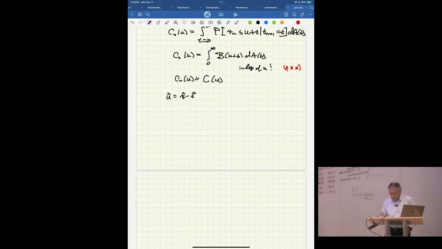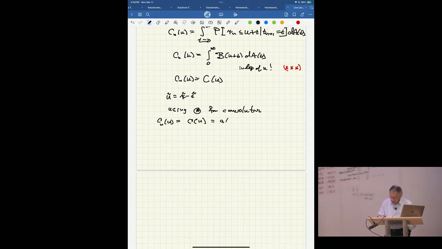So we need the difference rather than the sum. Using this notation for convolution, as always, nothing to do with the red stars, of course, we therefore get the density C of u, which, by the way, is the same density for u sub n, because it doesn't depend upon n. It can be written as the convolution of a and b, but not quite.